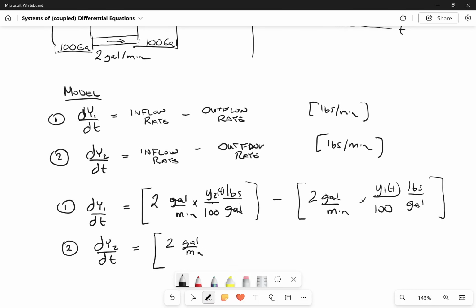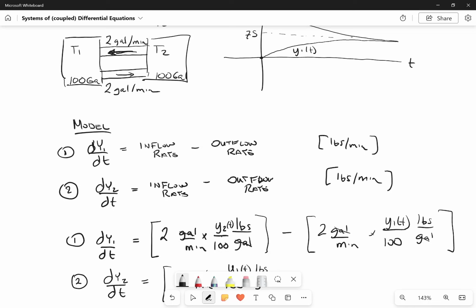We've got to again go pounds per gallon. How many gallons are in tank 1? There's 100 gallons in tank 1. What is the amount? You can look at this as a concentration. So it's y1 of t divided by 100 gallons, coming in to tank 2.